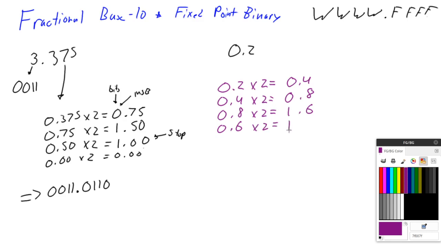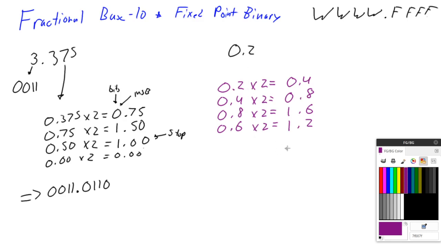Well, we get 1.2. Now, something that we should notice here is, first, we can't fit this whole fractional number in 4 bits. It just won't work. And as it's going to turn out, we can't fit it in any number of bits. We can approximate it, but we can't actually get it exactly.